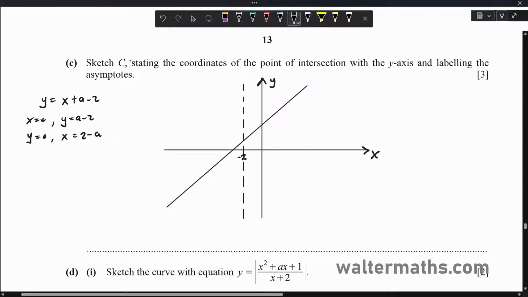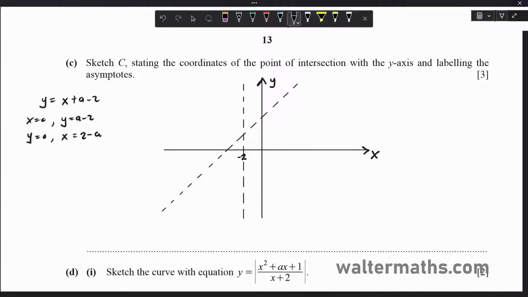Remember, a is anything greater than 2.5. So 2 minus anything greater than 2.5 should always be less than minus 2. So it should be coming from a point like this, the one that we have. Okay. So I think we have drawn the line quite well.